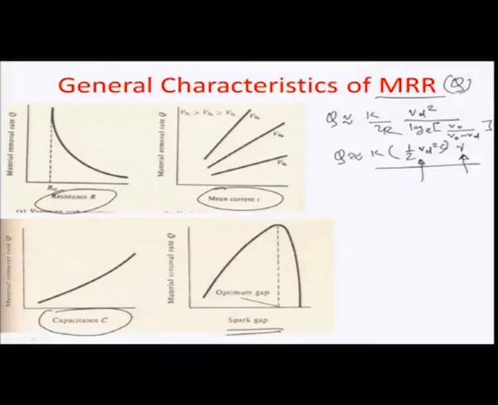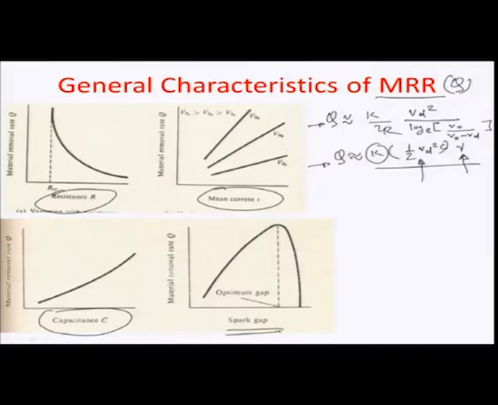Half C Vd square is the total amount of discharge energy needed by the EDM process, and of course Q is proportional to both these terms together.